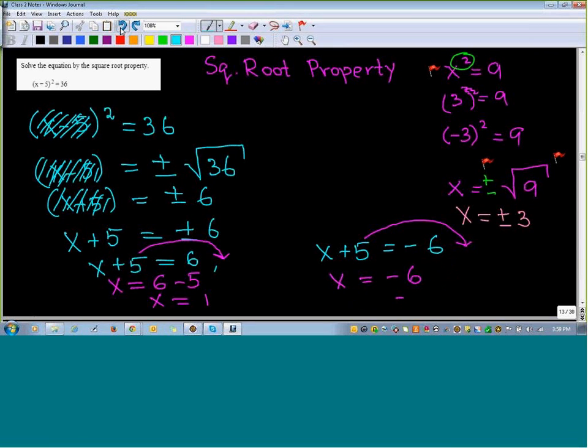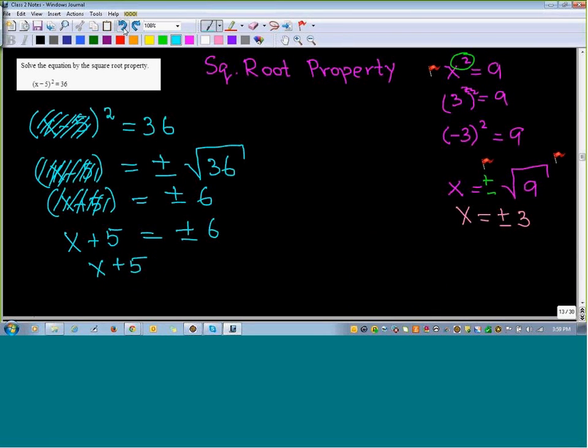So I move the 5 to the right, and it becomes positive 5. So x is 6 plus 5, which is 11, and negative 6 plus 5 is negative 1.